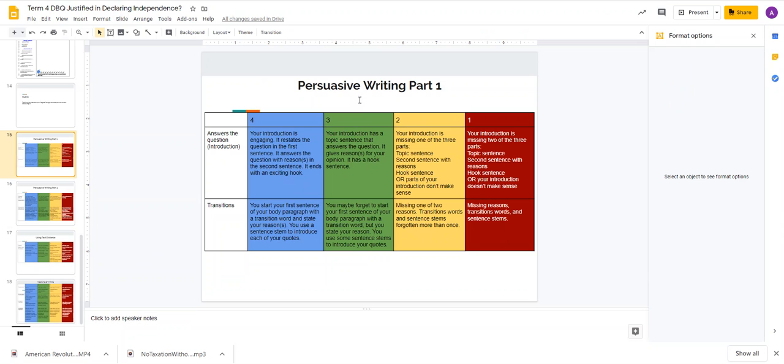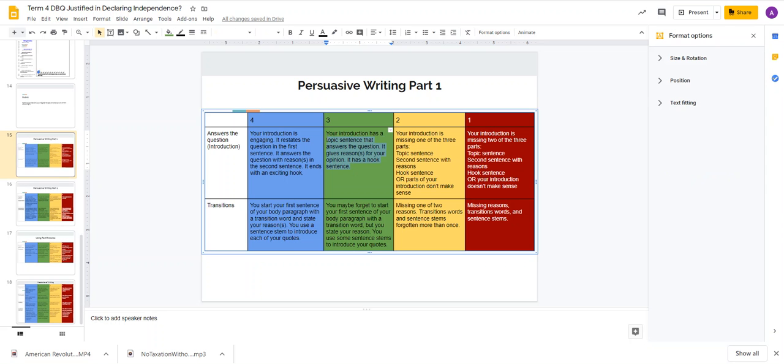So like on the rubric for persuasive writing, answer the question. This is what your answer should look like. Your introduction has a topic sentence that answers the question, and it gives your reasons, and it has a hook, just exactly like mine looks like. Transitions. You may forget a transition here and there, but for the most part, you've used transitions.